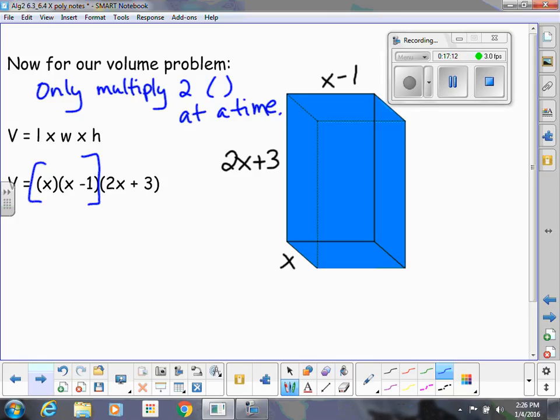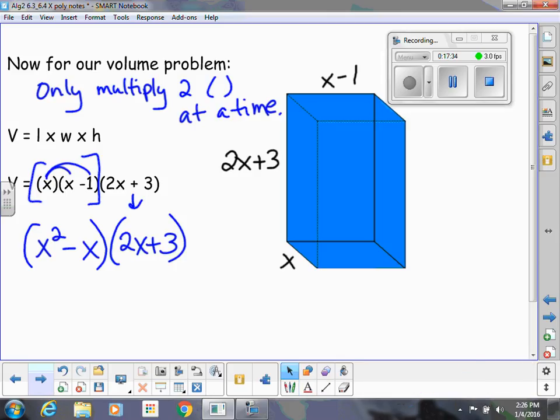So here I'm doing x times x minus 1, so that means I'm distributing. I'm going to get x times x is x squared, and then x times negative 1 is negative x. So that's what I get inside the blue stuff. Now over here, we haven't multiplied it, so I'm just bringing that down, the 2x plus 3. And now we're ready to FOIL this.